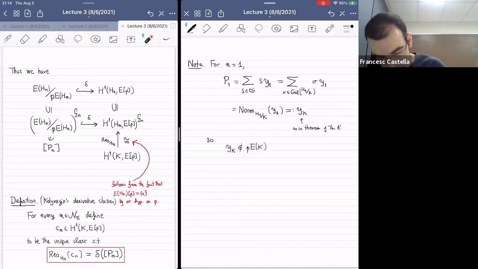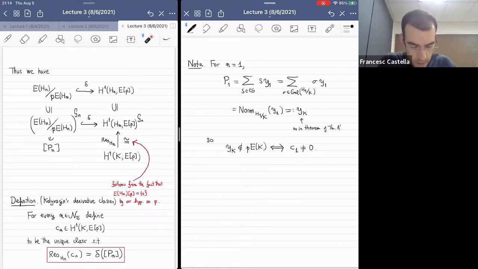And now we see why this condition is likely to be useful for us, because it tells us that y_K is indivisible if and only if C1 is non-zero. Because y_K being indivisible is telling us that this class is non-zero, but that's the same as C1, so we get the equivalence.